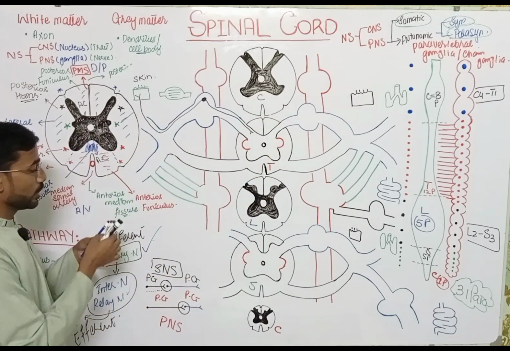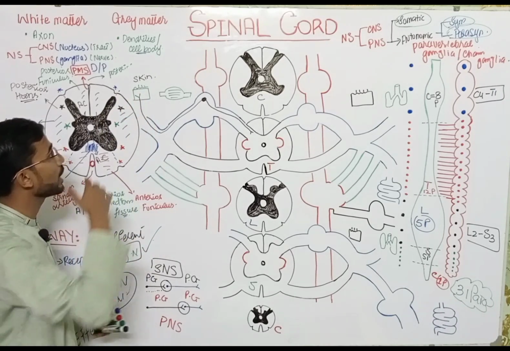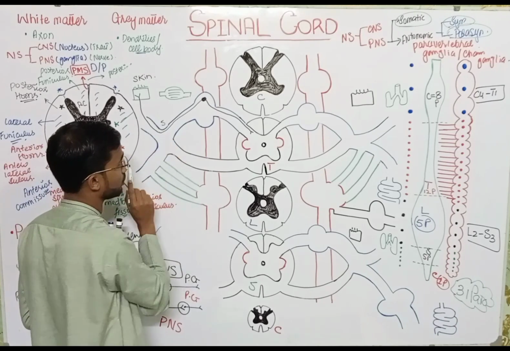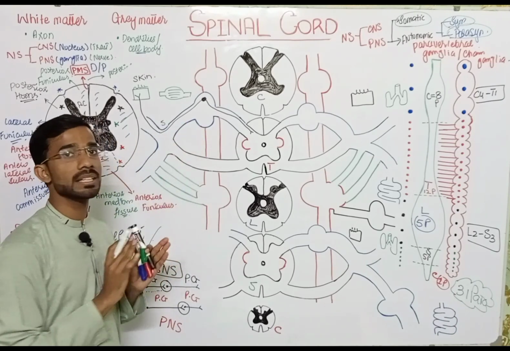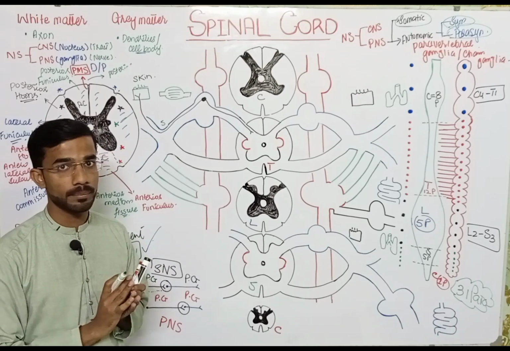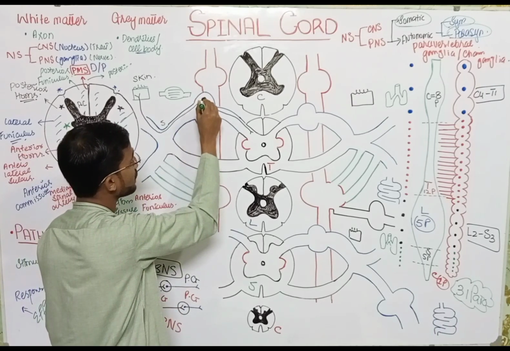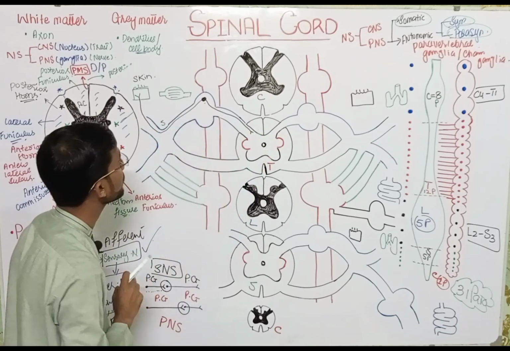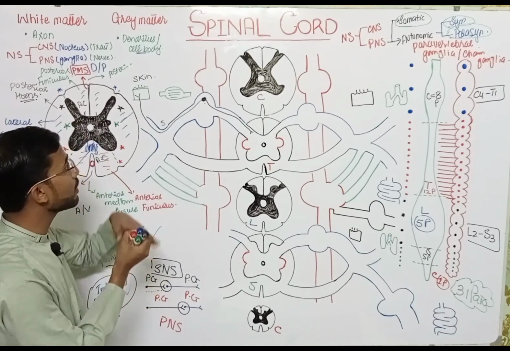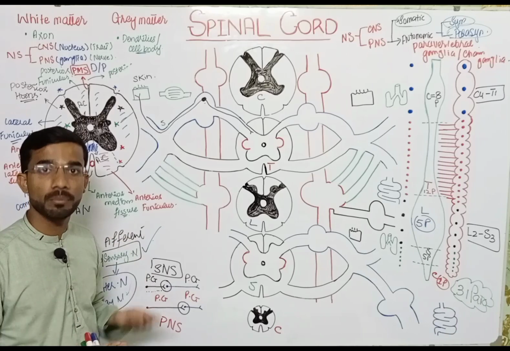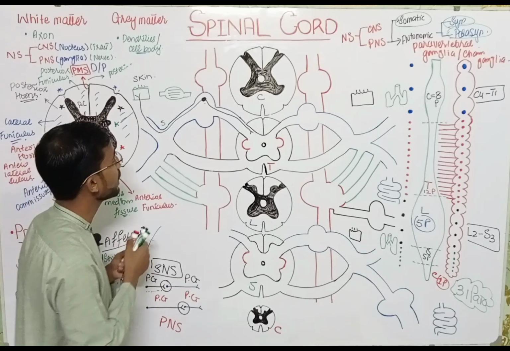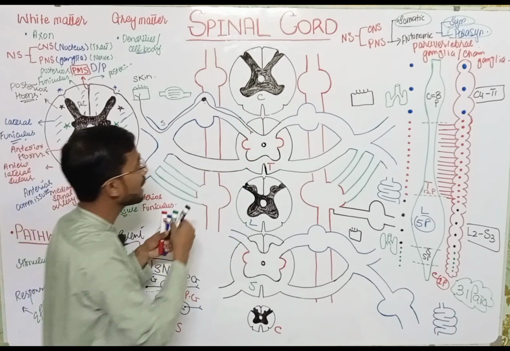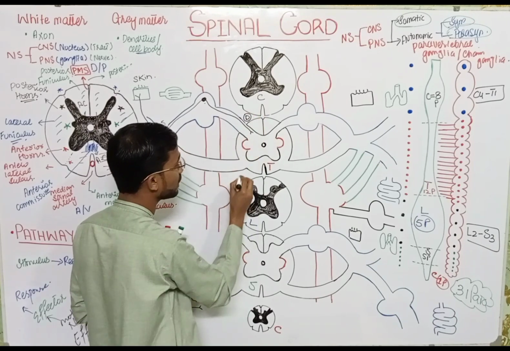When the skin is burned, the sensory neuron carries the message. We know that sensory neurons are pseudounipolar, which means the ganglia are present here. The first portion is the dendron, the second is the axonal part, and this neuron is different from the other normal neurons. The message reaches the dorsal side of the spinal cord; this is the dorsal side and this is the ventral side.